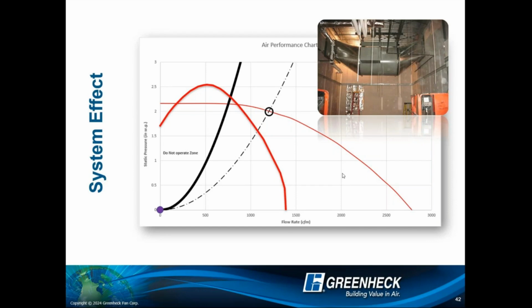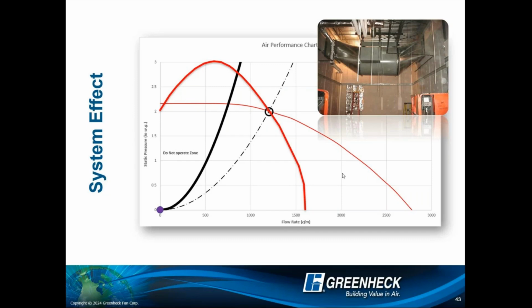And in the end, no matter what cool boogeyman name you give it, like system effect, you know, I need to move 1200 CFM. That need didn't change, right? So I'm going to use those fan laws. I'm going to speed up that fan and get back there, right? And you know what just happened? I sped that up. I am moving air much faster than I was originally designed to.